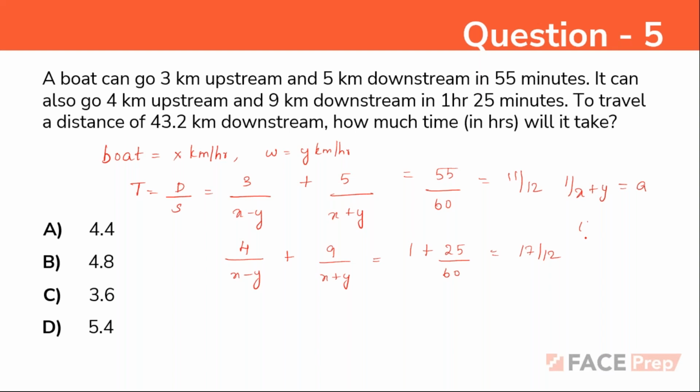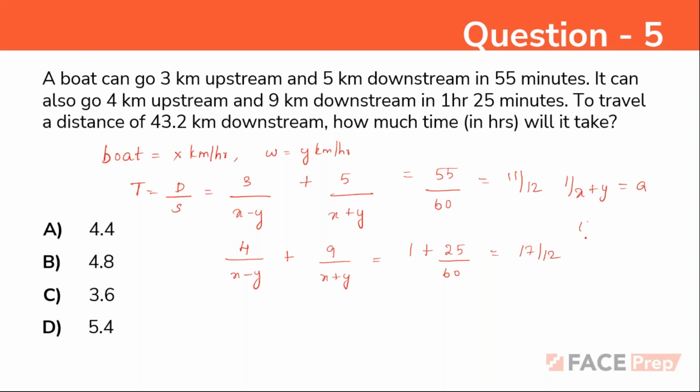So the b will get cancelled. We'll be getting a as 17 by 4 minus 11 by 3, divided by 12. So what will be the value of a? The value of a is 1 by 12.